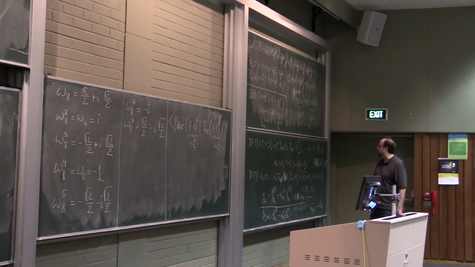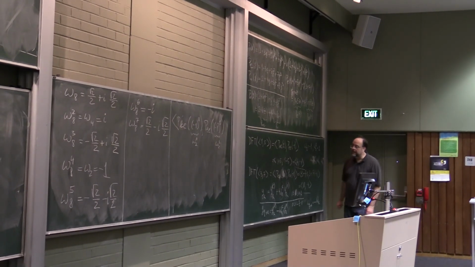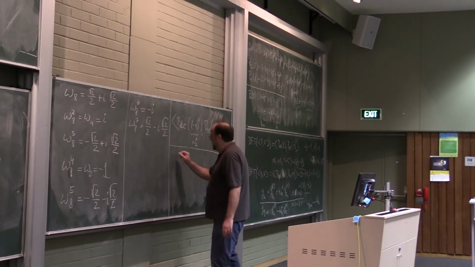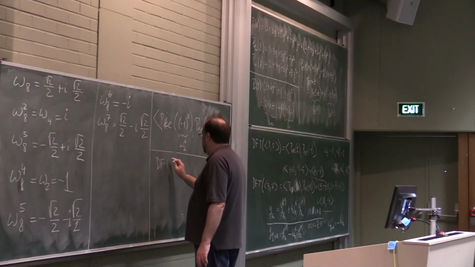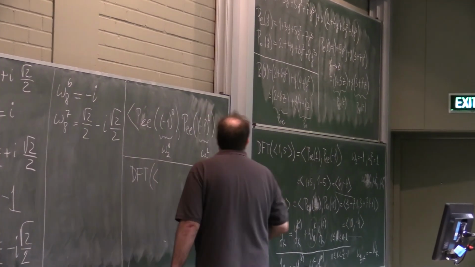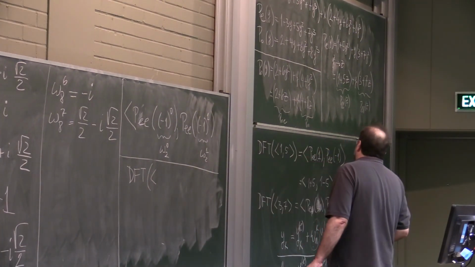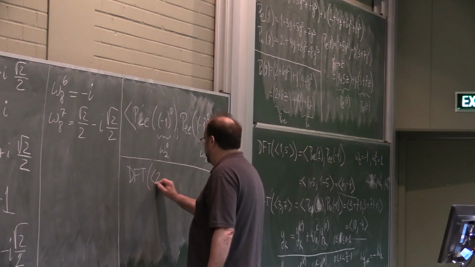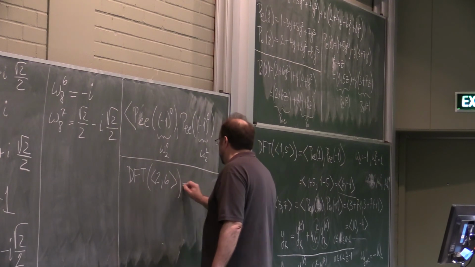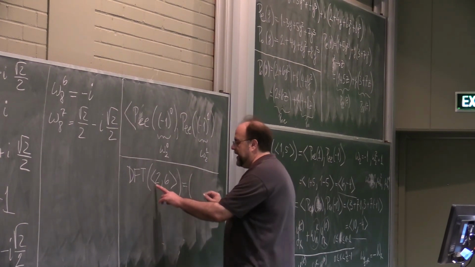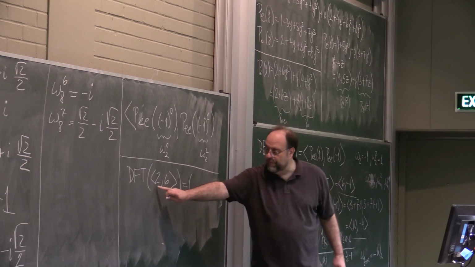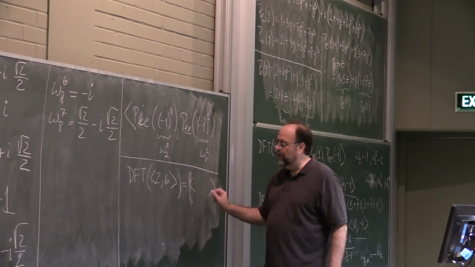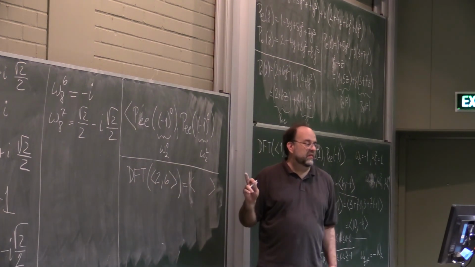Okay, so let's compute the DFT. Let me try to squeeze it in here. So DFT of 2 plus 6z, so 2, 6, will be equal to, now you can tell me, compute in your head, what are the coordinates here? What is the DFT of 2, 6?